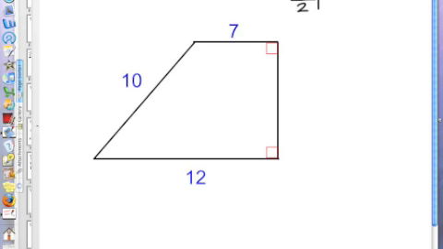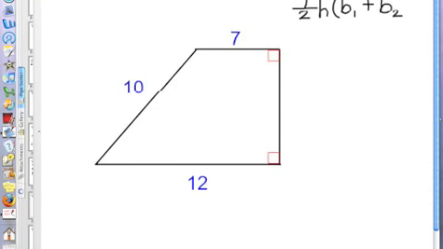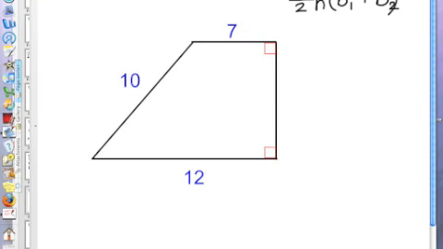So I can do 1/2 height times base 1 plus base 2. I have my two bases, but I don't have my height.